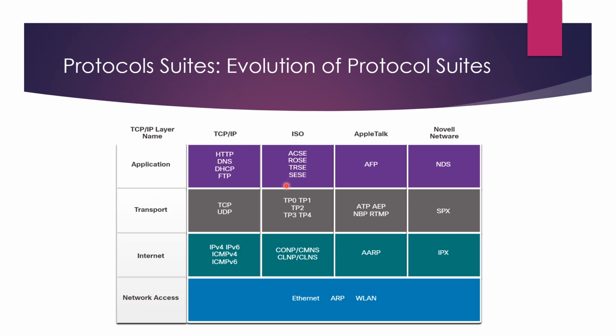We will also have the Open System Interconnection, or OSI protocols, a family of protocols developed jointly in 1977 by the International Organization for Standardization and the International Telecommunication Union.